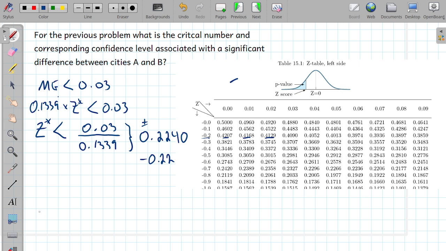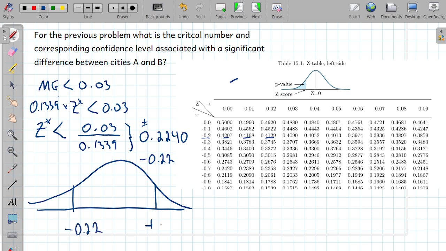Well, this is where we've got to be careful about these kind of things. What that tells us, remember, confidence intervals, if this is negative 0.22 and this is positive, remember these are crits, right? 2, 2, then the 4129 is suggesting that this is 0.4129, and that means this one up here is 4129.